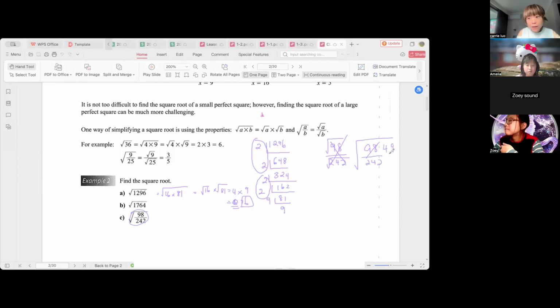So it is 49 over 121. 49 equals 7 times 7, and 121 equals 11 times 11. So the answer is 7 over 11. Correct? Okay, so I want you to try number B yourself.